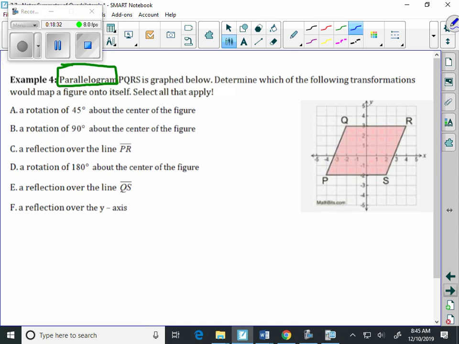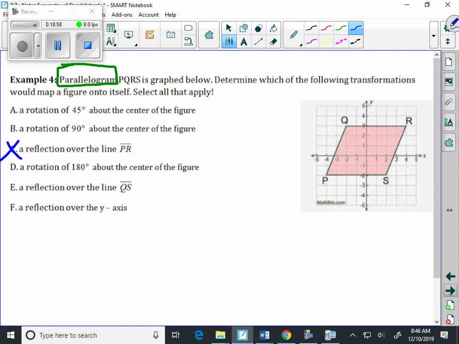Well, this is a parallelogram. Were we able to draw any lines of reflection in for lines of symmetry in for a parallelogram? No. So even though I just drew that in, we don't need that. I'm going to erase that. Hopefully you didn't draw it in. Another reflection, reflection over the line QS.